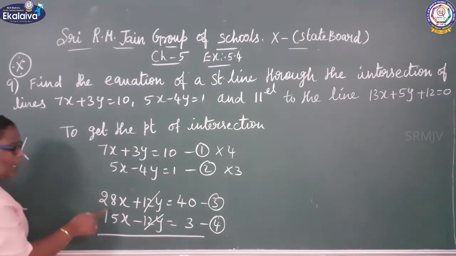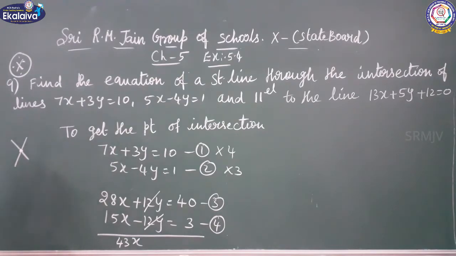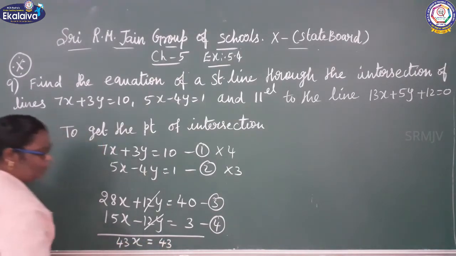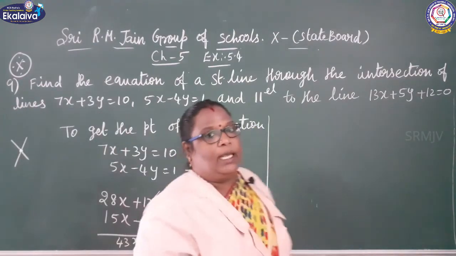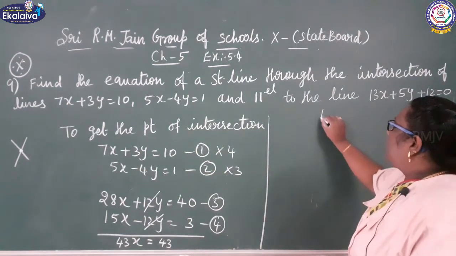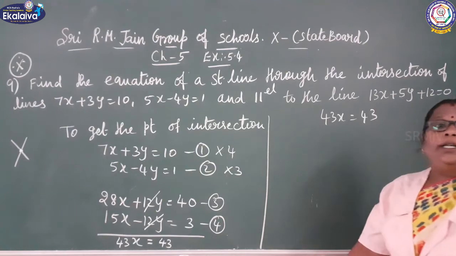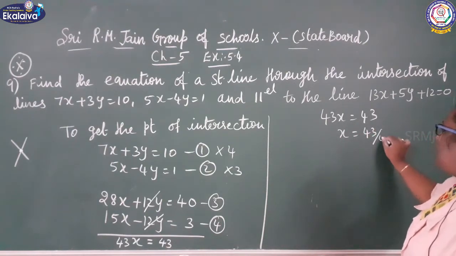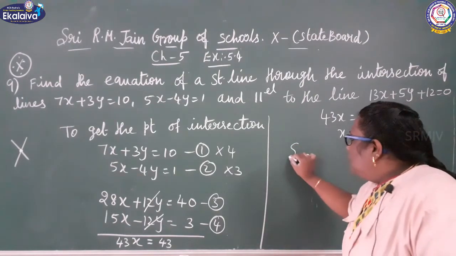So 28 plus 15 is 43x, and 40 plus 3 is 43. So 43x equal to 43. What is the x value? x equal to 43 by 43, which gives 1.